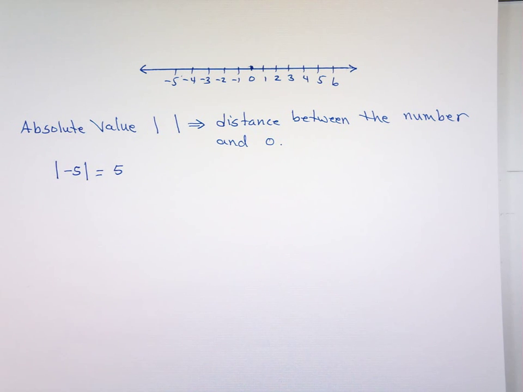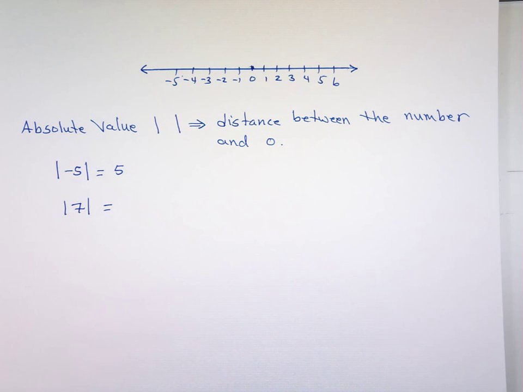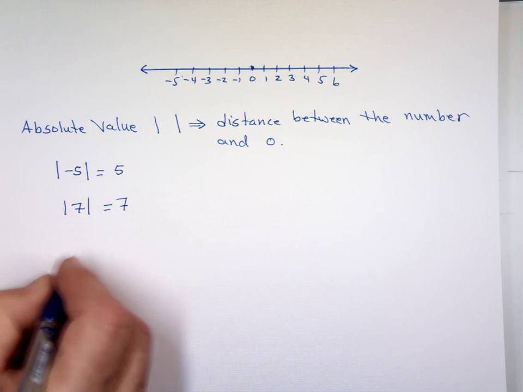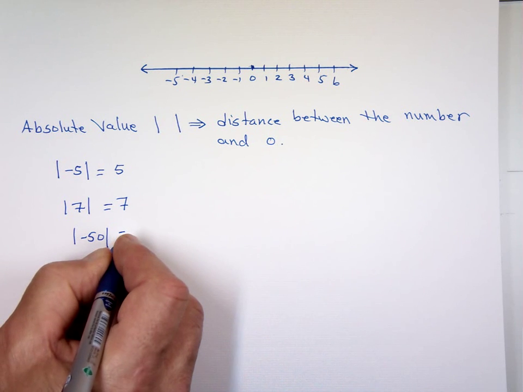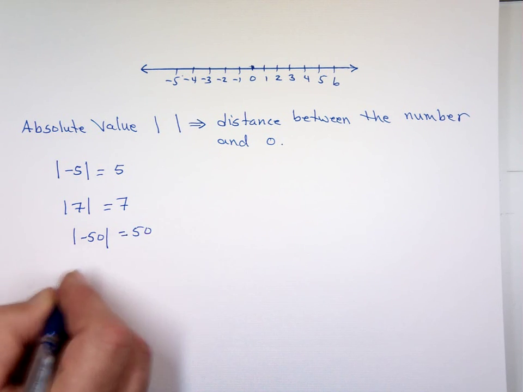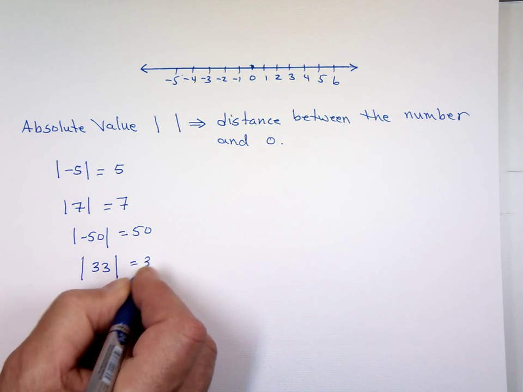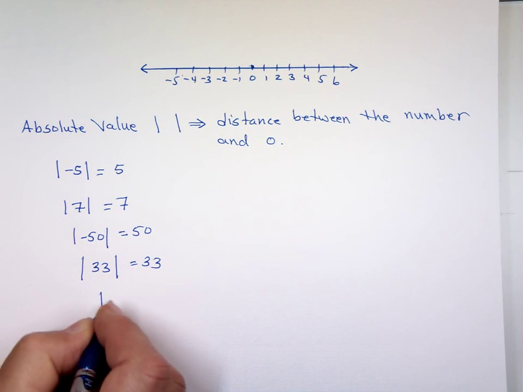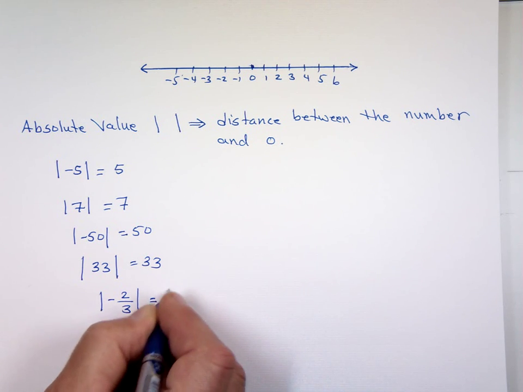5. The absolute value of 7. 7. The absolute value of -50. 50. The absolute value of 33. 33. The absolute value of -2/3. 2/3.